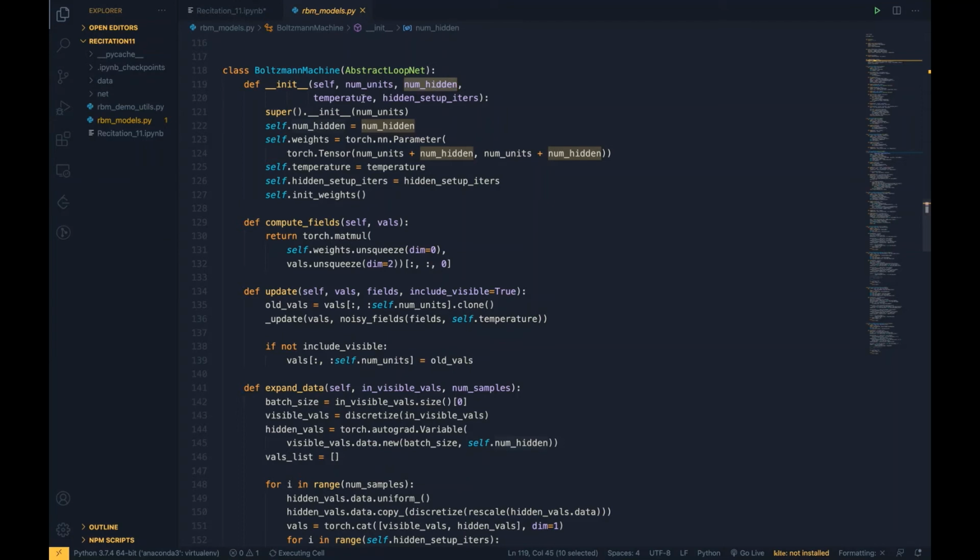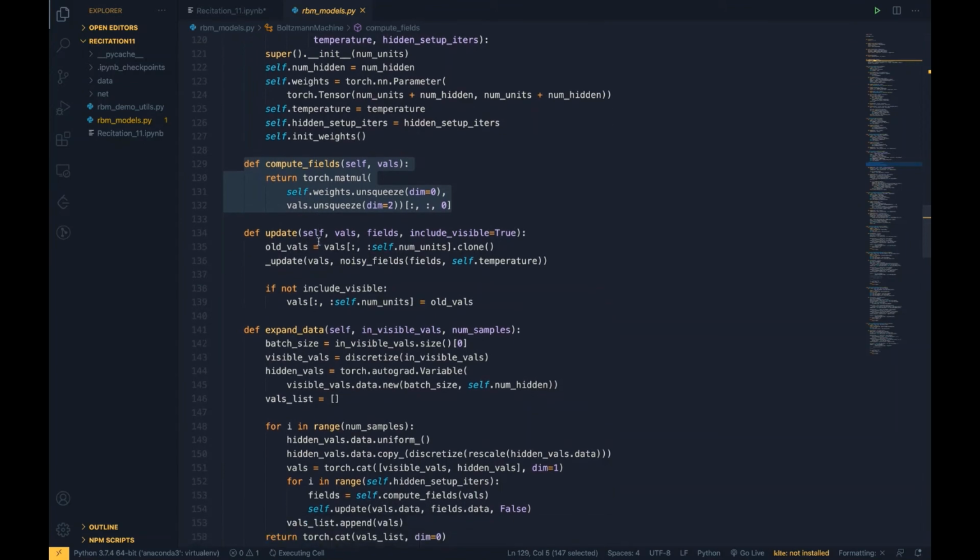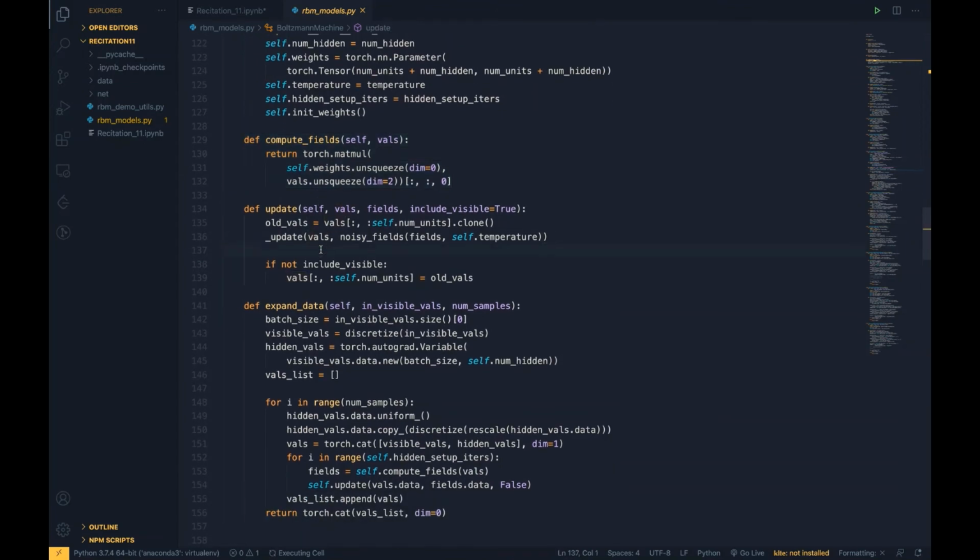As you can see, the Boltzmann machine is also stochastic, so it has a temperature as a parameter. Okay, the compute fields function is identical, so we can just ignore that.